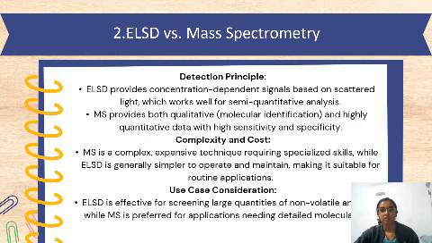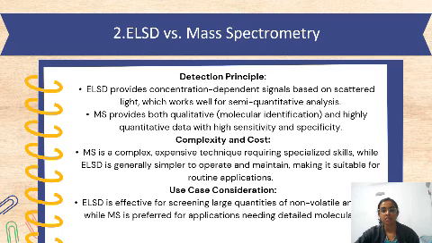Second is ELSD versus mass spectrometry. In detection principle, ELSD provides a concentration dependent signal based on scattered light, which works well for semi-quantitative analysis. Mass spectrometry provides both qualitative and quantitative data with high sensitivity and specificity.